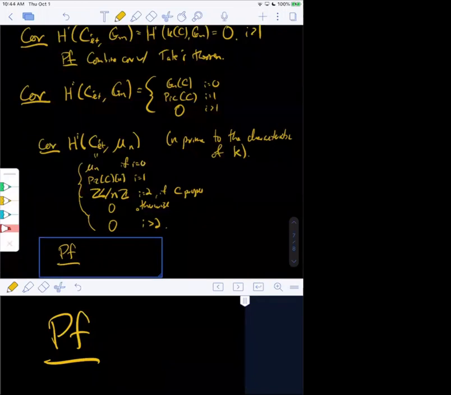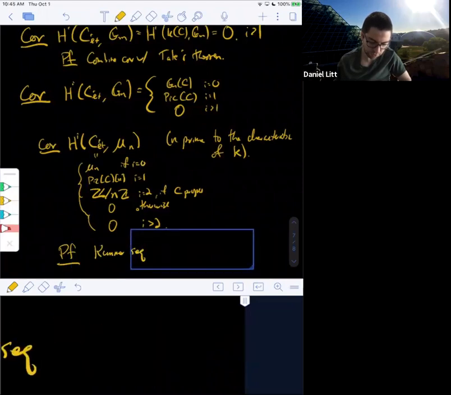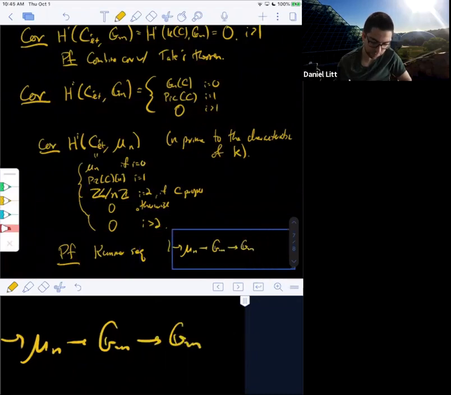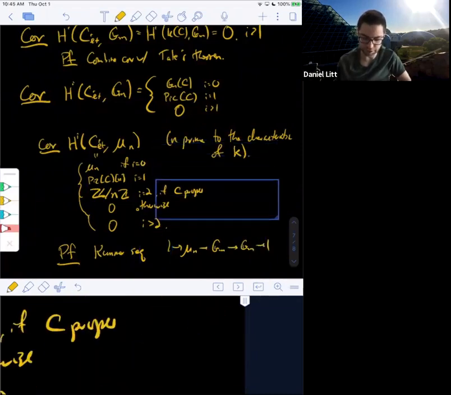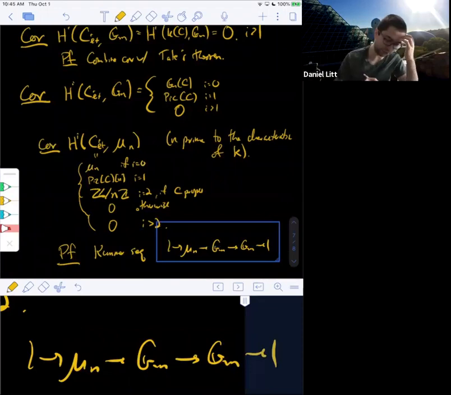Use the Kummer sequence. Yeah, this is precisely the Kummer sequence: 1 to mu_n to G_m to G_m. And we're using this assumption on the characteristic because we want this sequence to be exact in the étale topology. Great.